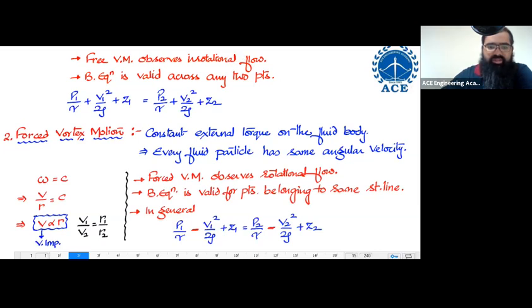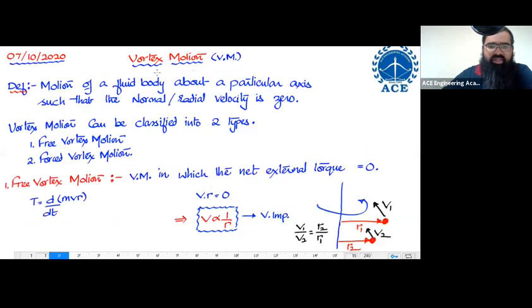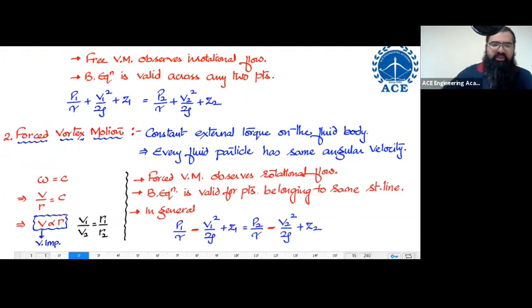Those who have not taken the snapshot of the previous slide, you can take it down. This is the first slide for today's class. Over here, we defined what is vortex motion. Then we said there is a classification: one is free vortex, the other is forced vortex. Then we have discussed the differences between free vortex and forced vortex motion.